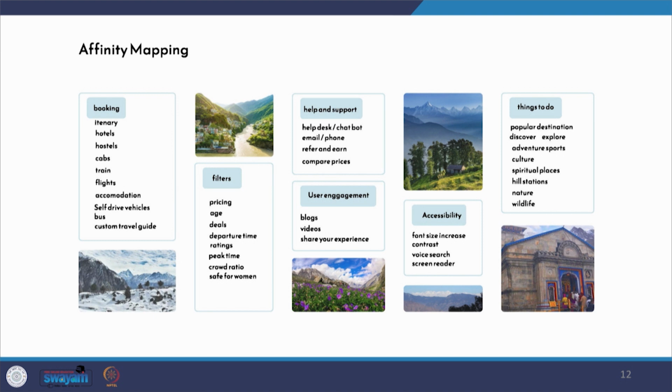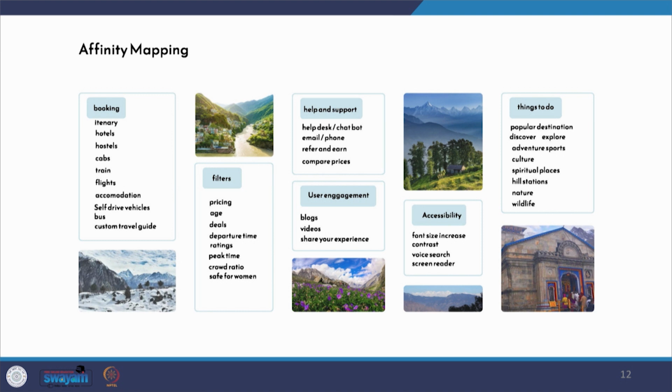Here we can see that different headings are given, like booking. Under booking we have itinerary, hotels, flight, accommodation. Under filters, of course, you may have seen other applications or websites where, for example, we are shopping for something, and there are several filters so we can filter our choice.